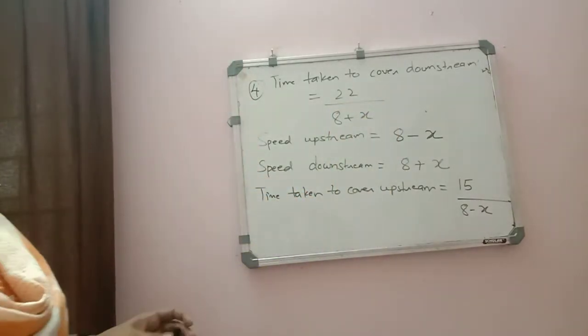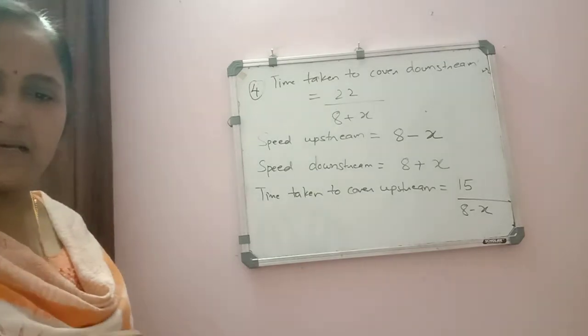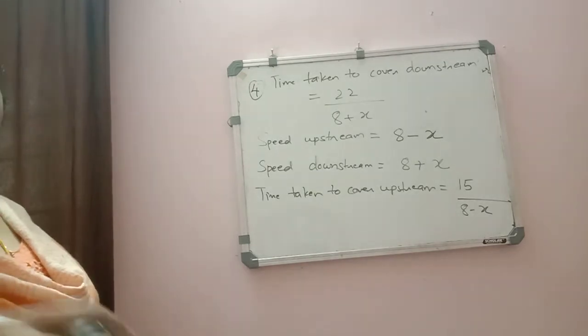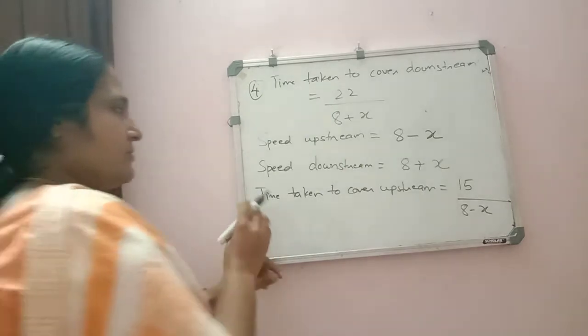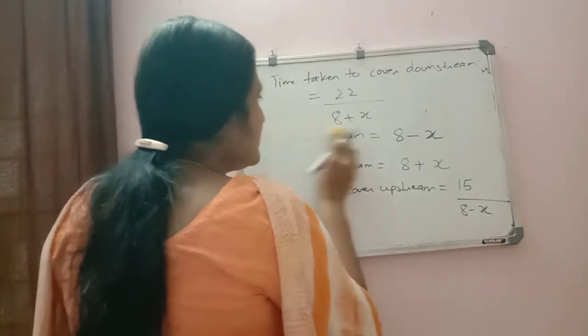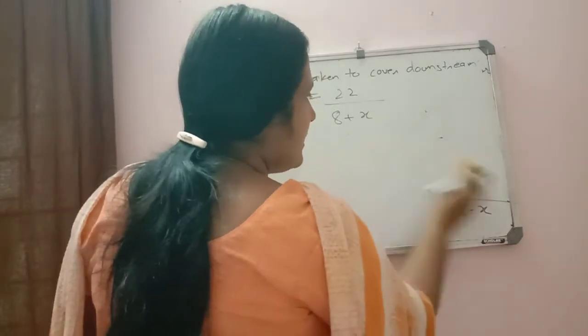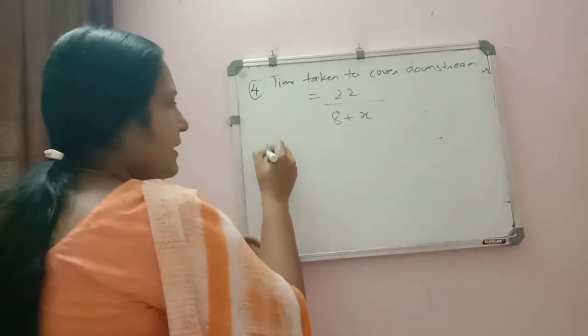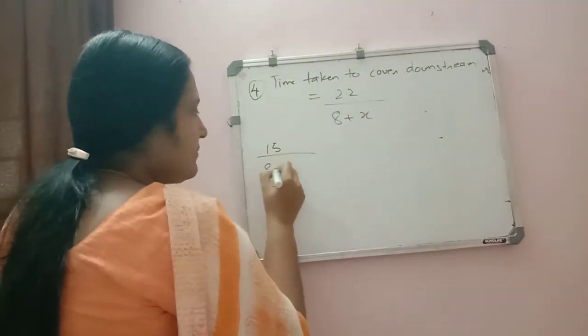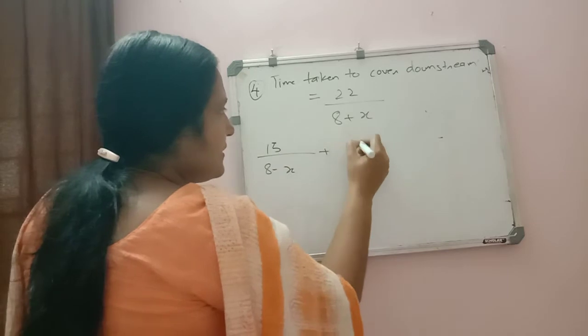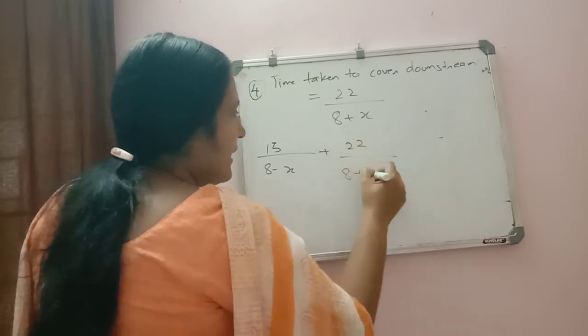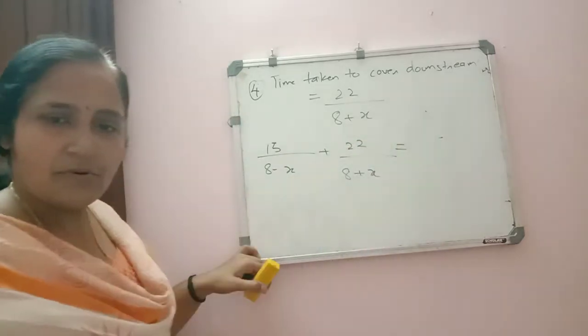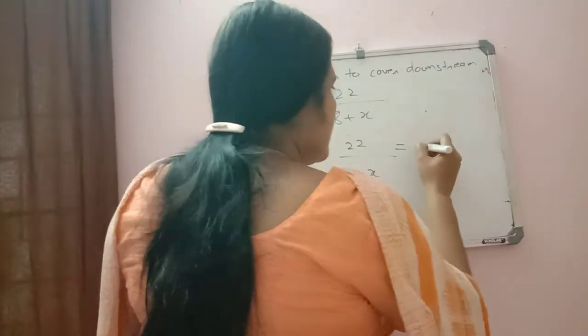Now we'll check the statement there. It can go 15 kilometers upstream and 22 kilometers downstream in 5 hours. So time taken to cover these two distances is 5 hours. So we'll write down 15 by 8 minus x plus 22 by 8 plus x is equal to the total time taken, 5 hours.